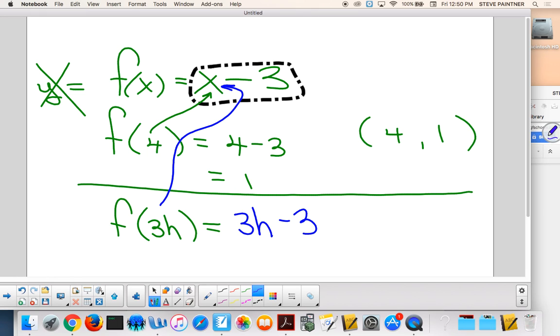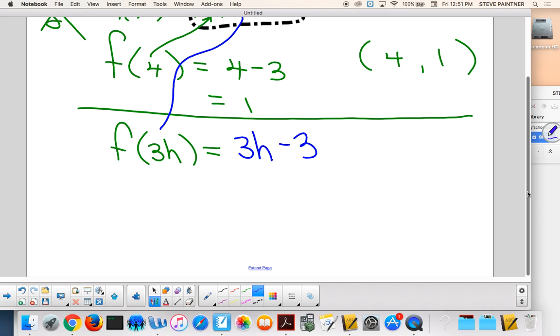Can I take a 3h and subtract a 3? Are those like terms? So leave it. It's the answer. No, I'm not asking you to solve anything. I'm just saying simplify this expression. Can we simplify this? No, we're done. What's the answer to f of 3h? 3h minus 3. See, you guys want to see numbers. You want the answer. 1, 2, 3, 4. Doesn't always come out that way. If you put an algebraic expression in, most likely you're going to get an algebraic expression out.